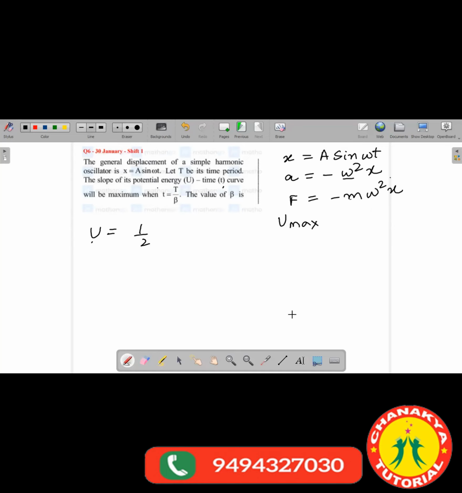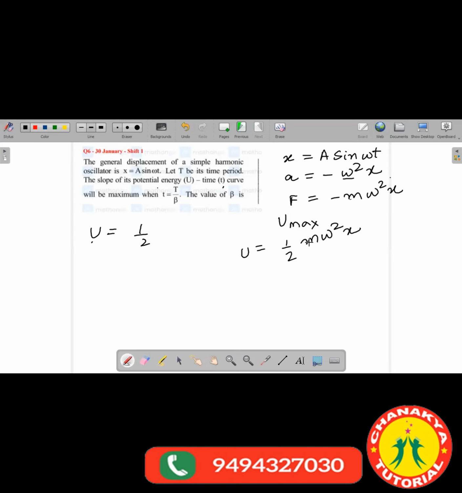Okay. So if you compare this and you want to find out your energy, your potential energy would be given by 1 by 2 m omega squared multiplied by x. This is the expression for potential energy. You can check it. You will get this form only.